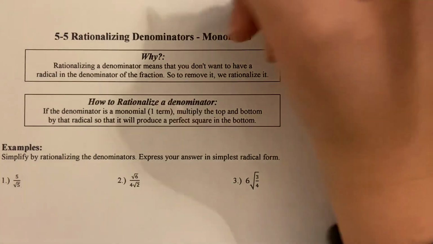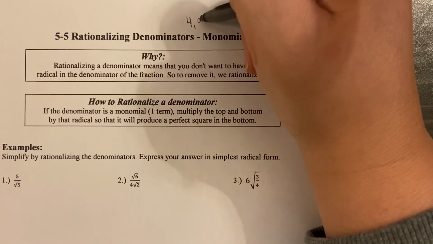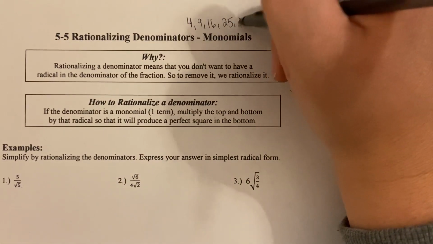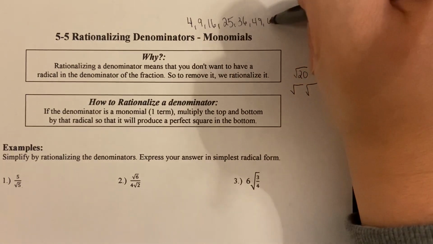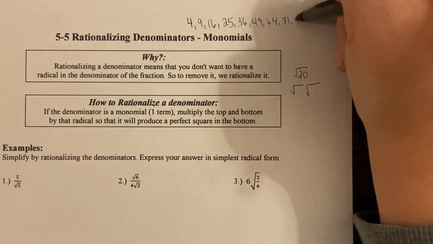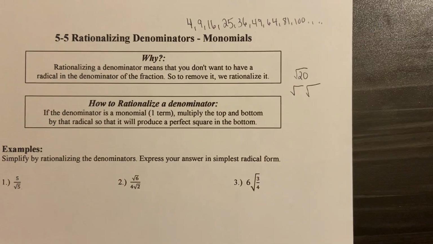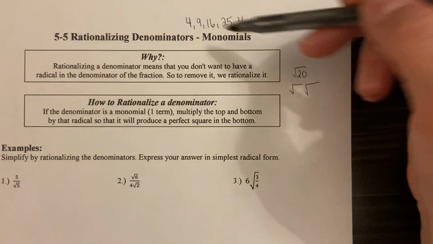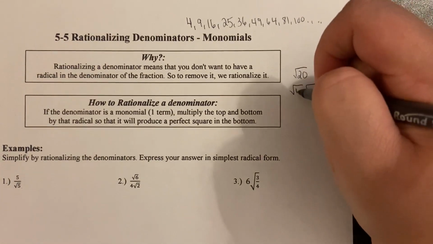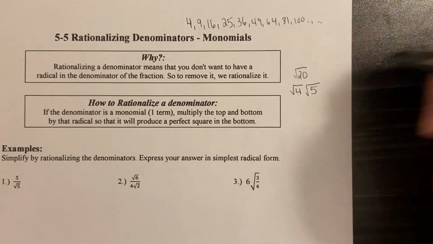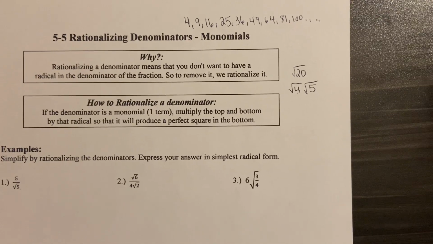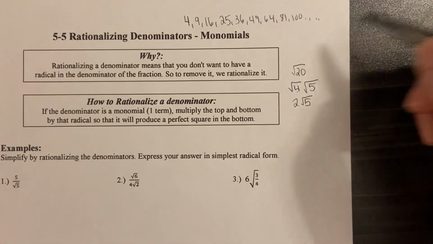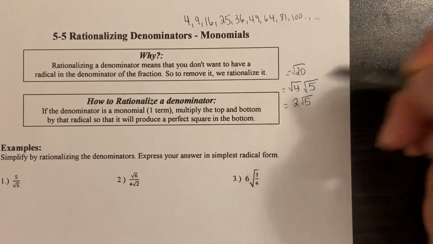Our perfect squares are 4, 9, 16, 25, 36, 49, 64, 81, 100, and it keeps going, right? I try to find the largest perfect square that divides evenly into 20, and that's just going to be 4. 4 times 5 gives me 20, and then the square root of 4 is just 2. And that's how you can simplify square root of 20.